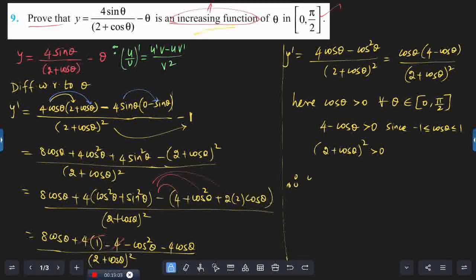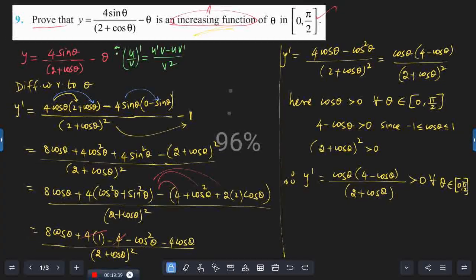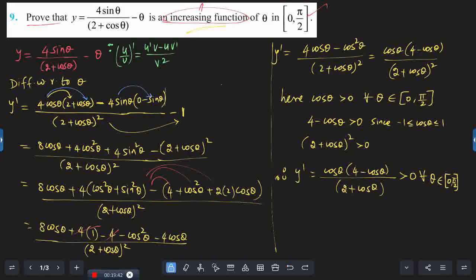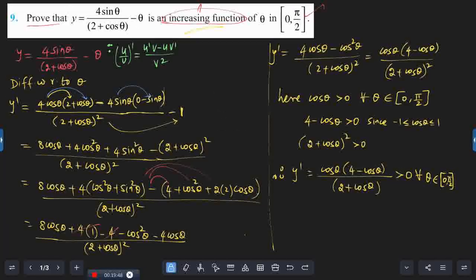So y dash is greater than 0 for all theta belonging to 0 comma pi by 2. That's it.